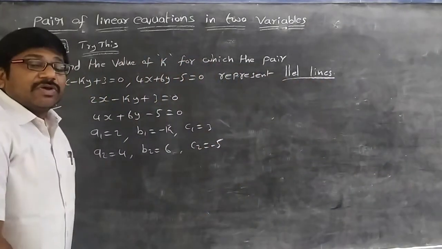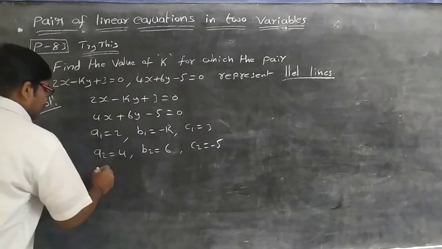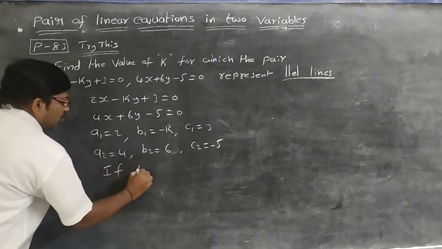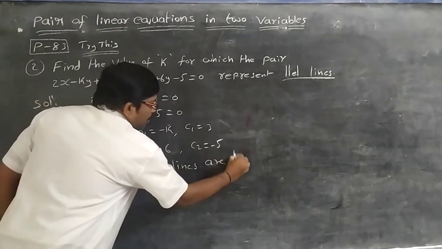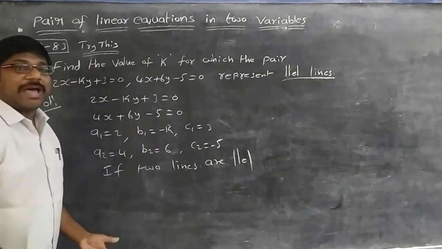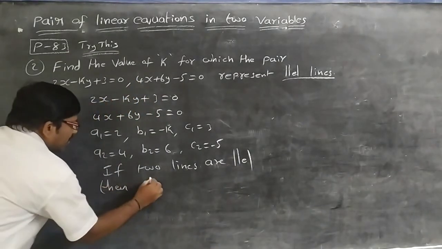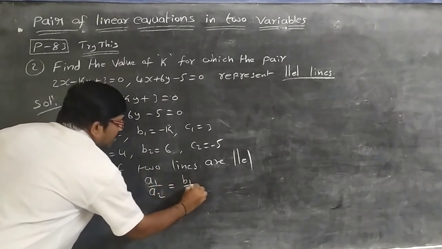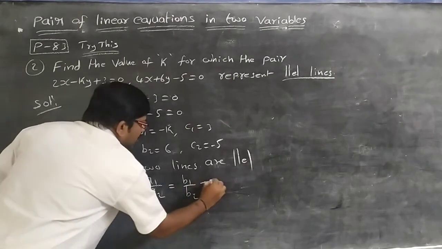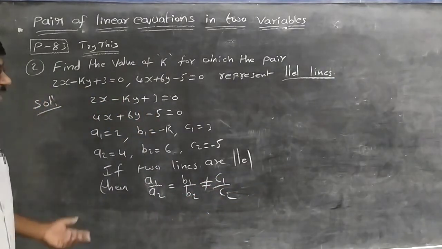Parallel lines means what is the condition? When two lines are parallel, then the condition is a1 by a2 is equal to b1 by b2 does not equal c1 by c2, right? That is the condition.